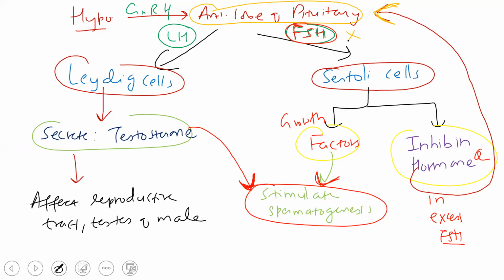If FSH synthesis is stopped, then ultimately the testosterone and the spermatogenesis process will also stop. So this is termed negative feedback. Inhibin is responsible for negative feedback control, as you learn in the endocrine system. So if the anterior pituitary stops secreting FSH, then GnRH action is stopped. When there is excess FSH, inhibin will be produced and it will regulate and stop this spermatogenesis.